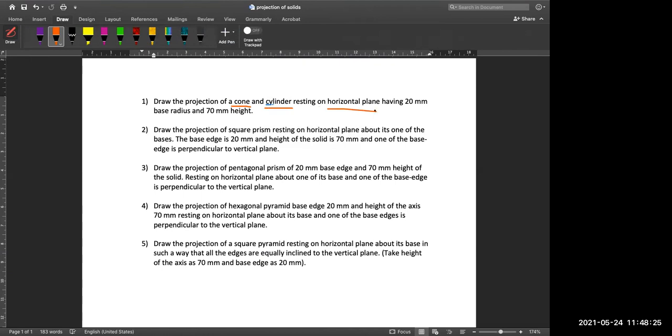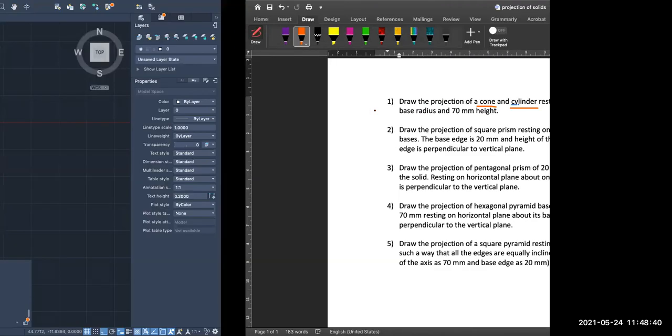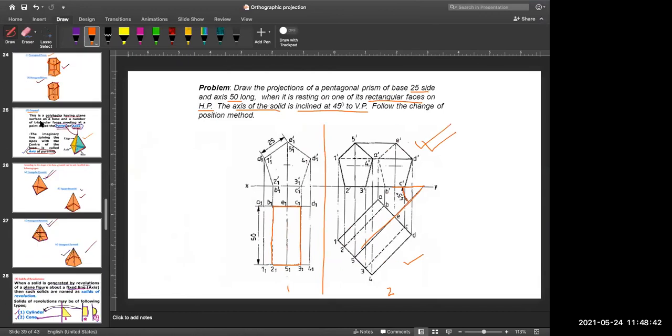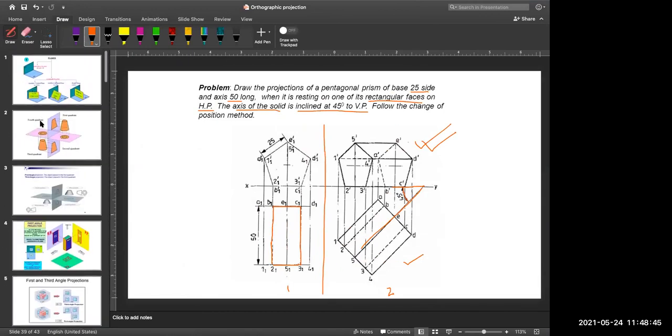I hope you all recall the concept of horizontal plane and vertical plane. Is this in your mind, or do I need to explain it once again? The things that we have seen here, I will show you, that will come to your mind.